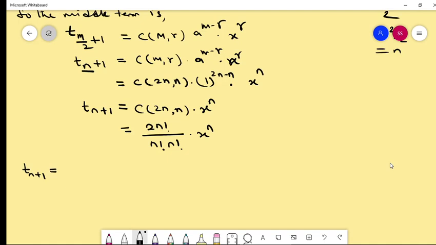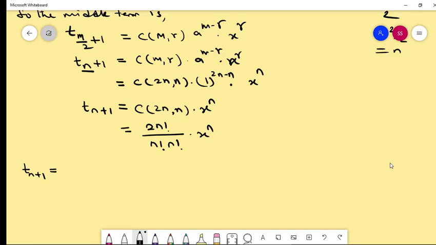The expansion of 2n factorial is this, whole over n factorial, that is n times n minus 1, n minus 2 up to 3, 2, 1, times the second n factorial, times x to the power n.